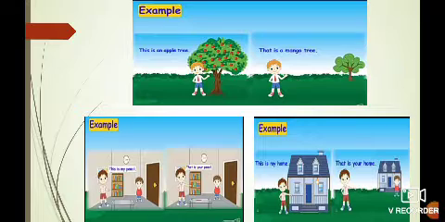And the next example, the boy is standing near to the home and he is saying, this is my home, because he is standing near to the home. And in the same picture, the boy is standing far away from the home and is saying, that is your home.